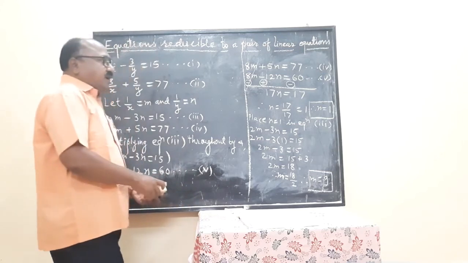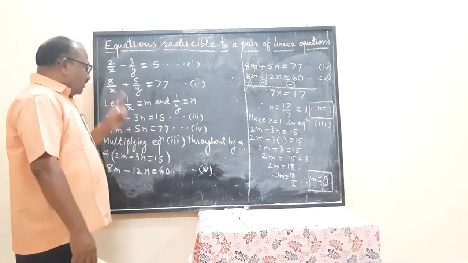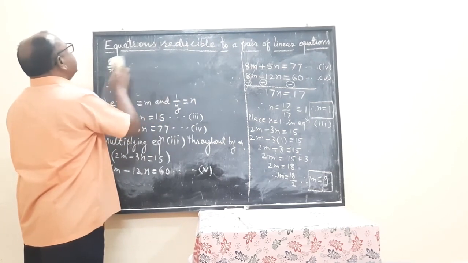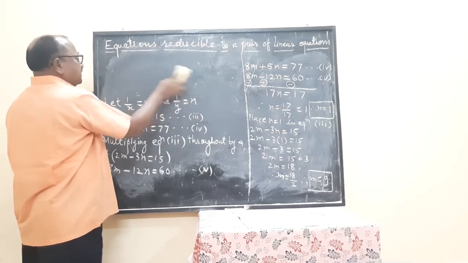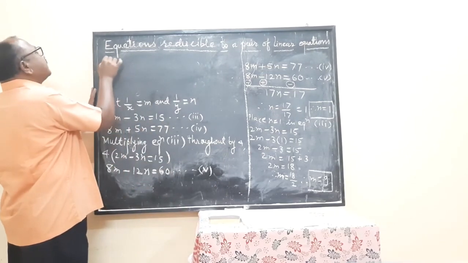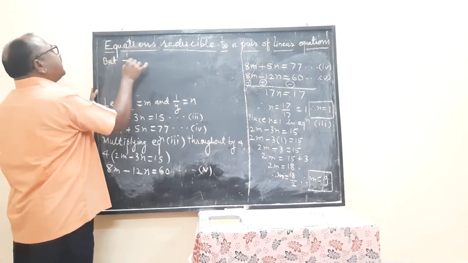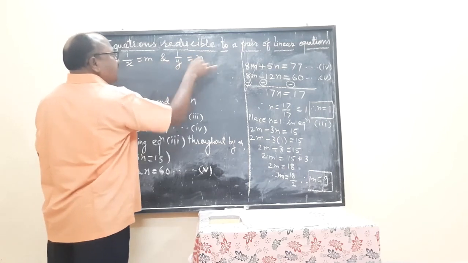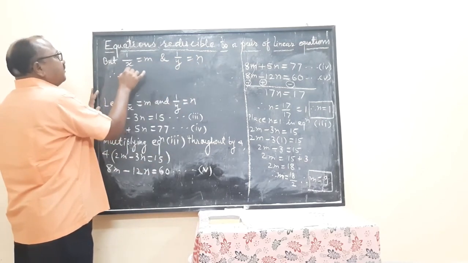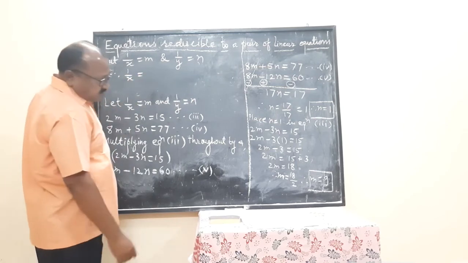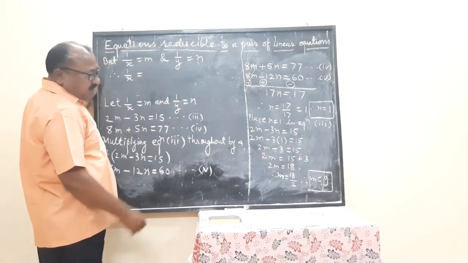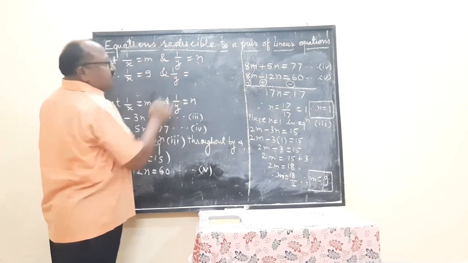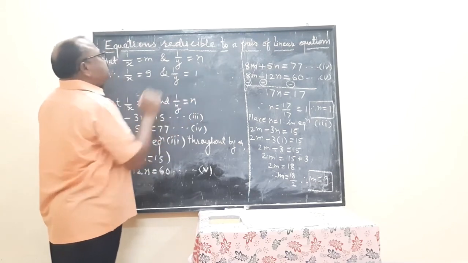Now my example is not completed. You have done a substitution like this. That is why our solution will be continued like this. But 1 upon x equal to m and 1 by y equal to n. Therefore 1 upon x equal to m, value of m is 9, and 1 upon y equal to n, value of n is 1.